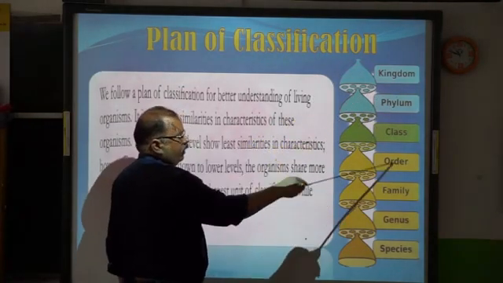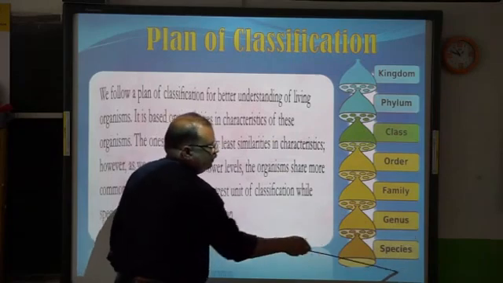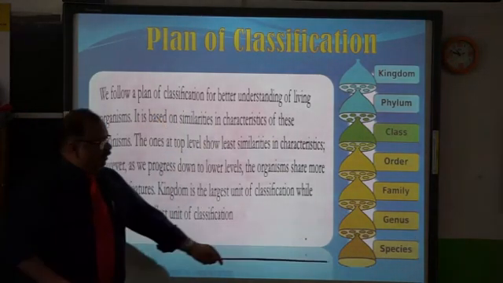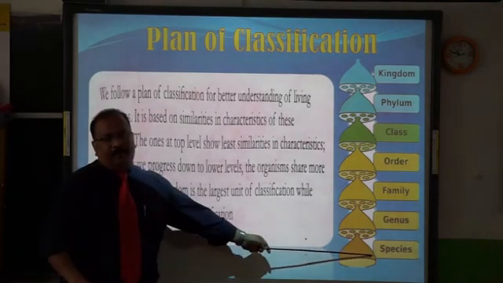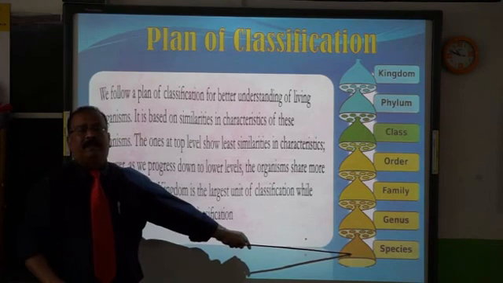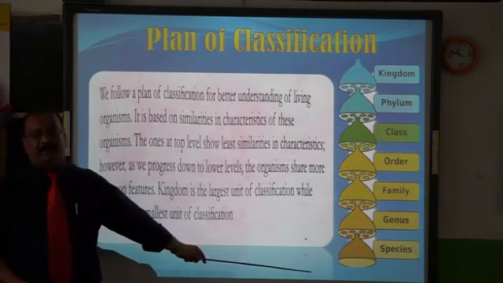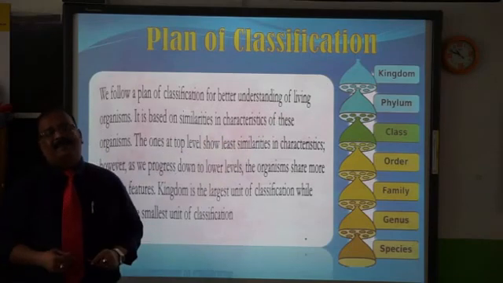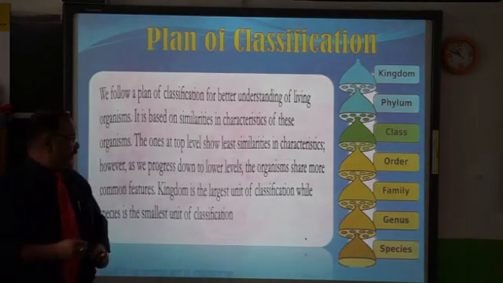And slowly as you go down, the lowest one is species. There, those in one species have many similar characteristics. As you go up, you will have fewer similar characteristics.